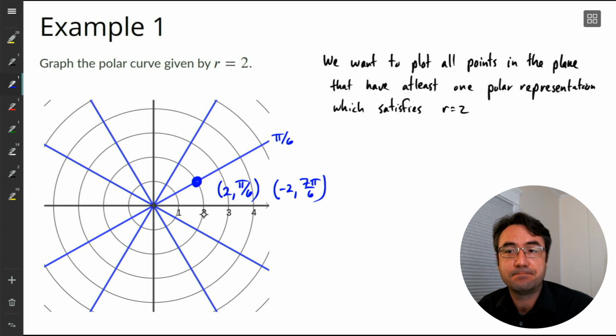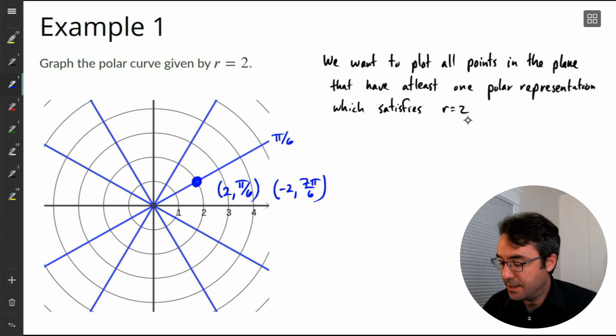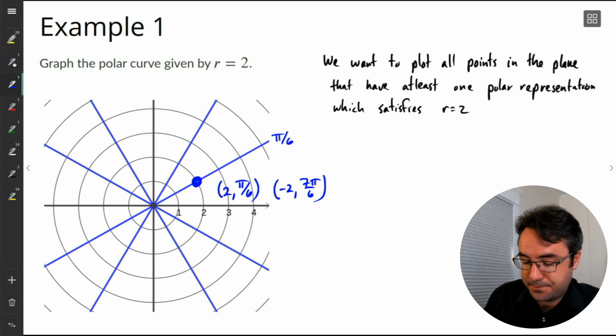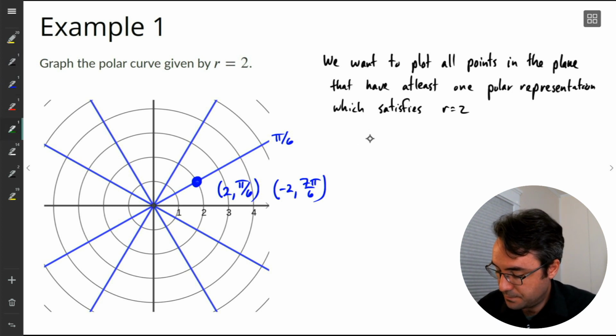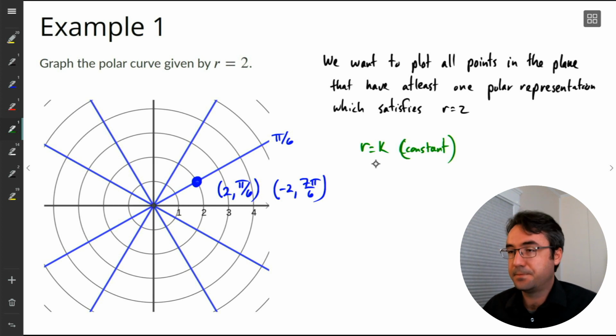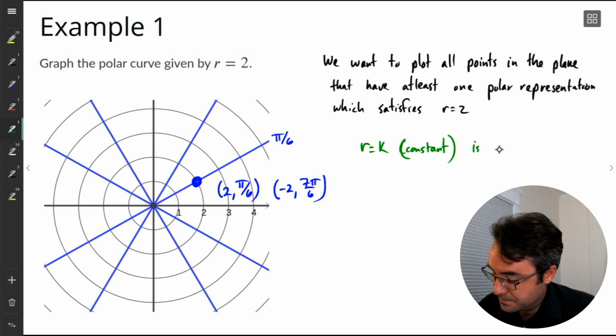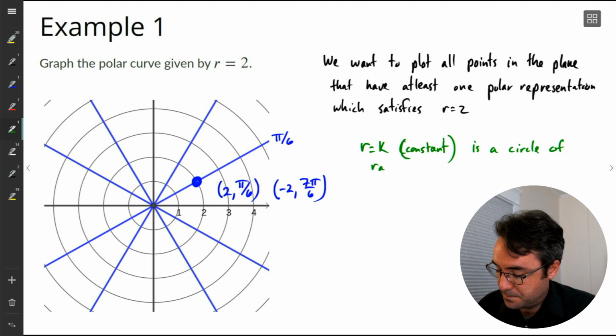But as long as there's at least one representation that does actually fit the description, that point is going to be on our curve. And it turns out that when we're looking at r equal to 2, this is going to be a circle. So when r is a constant k, this is a circle of radius k centered at the origin.